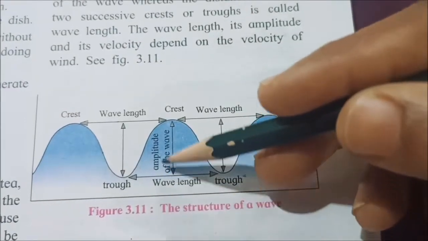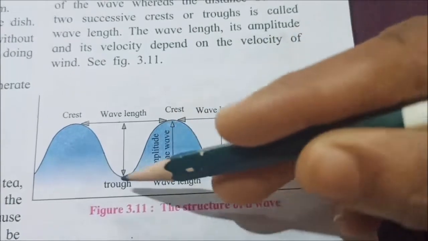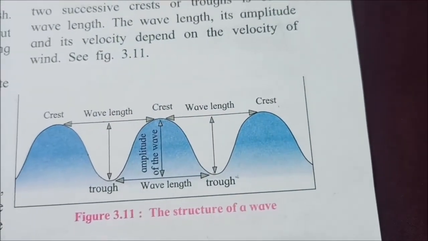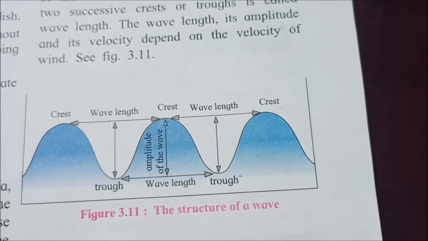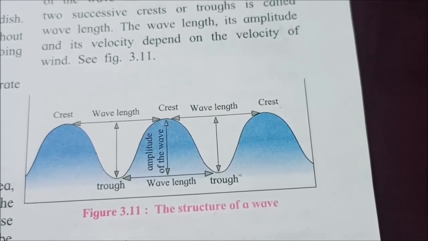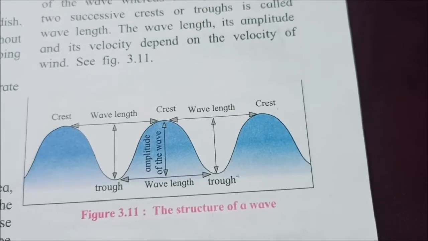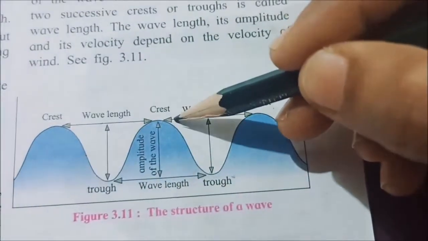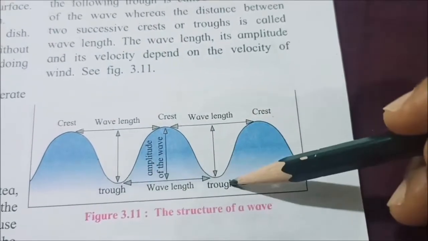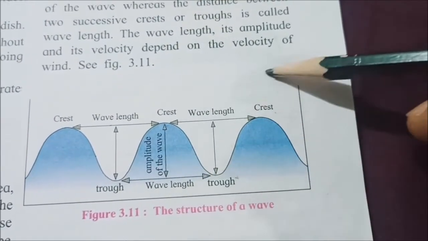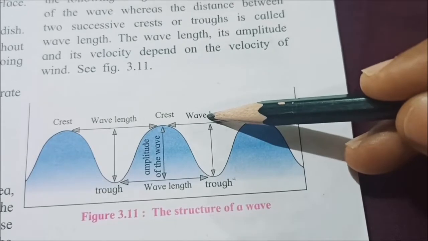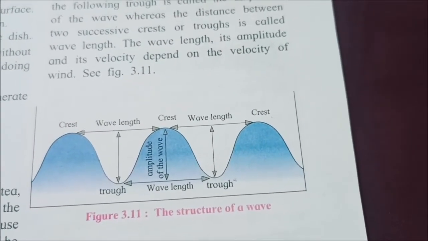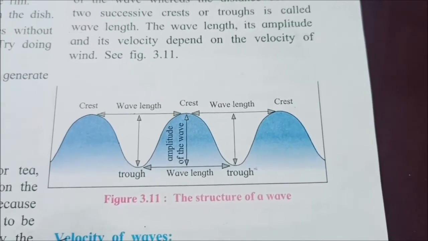So, this is the amplitude. The distance between two successive crests or troughs is called the wavelength. The distance between two crests as well as two troughs is called the wavelength. See here, wavelength. Okay, now this is the structure of a wave.